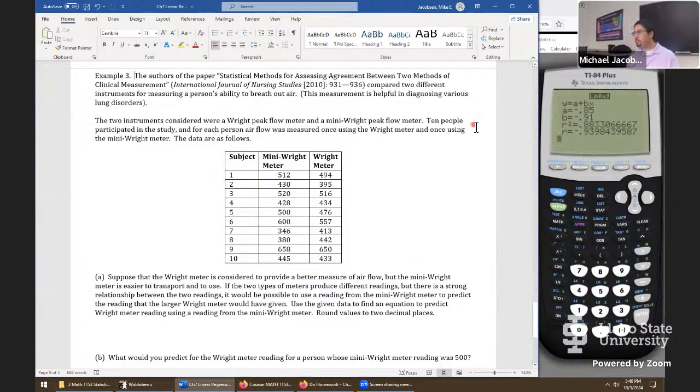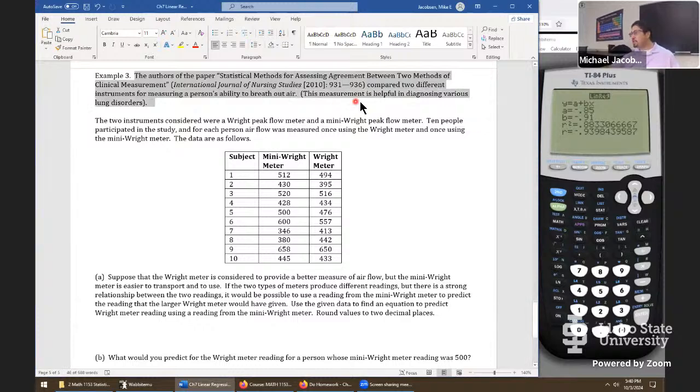It says the authors of the paper, Statistical Methods for Assessing Agreement Between 2 Methods of Clinical Measurement. So that's one heck of a title. It was posted in the International Nursing Studies in 2010, so this is pretty recent data. They compared 2 different instruments for measuring a person's ability to breathe out air.